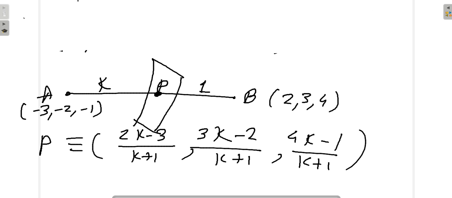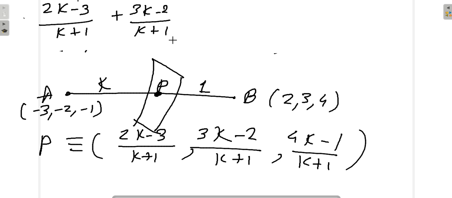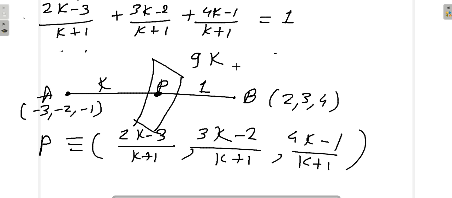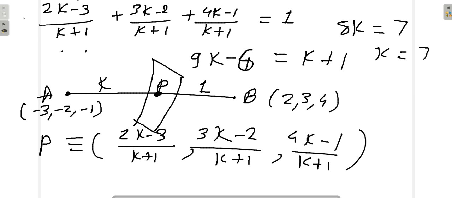So we have, that gives me 9k minus 6 equal to k plus 1, and that gives me 8k equal to 7, and k is 7 upon 8.